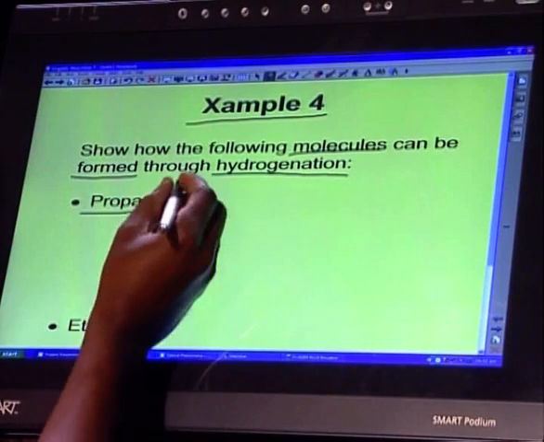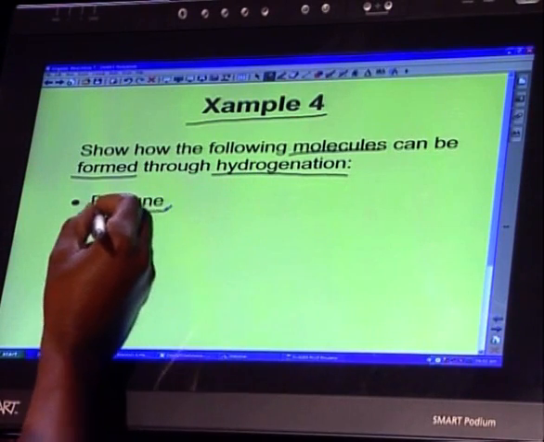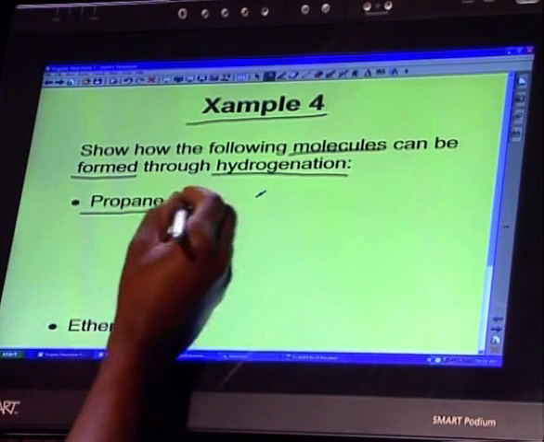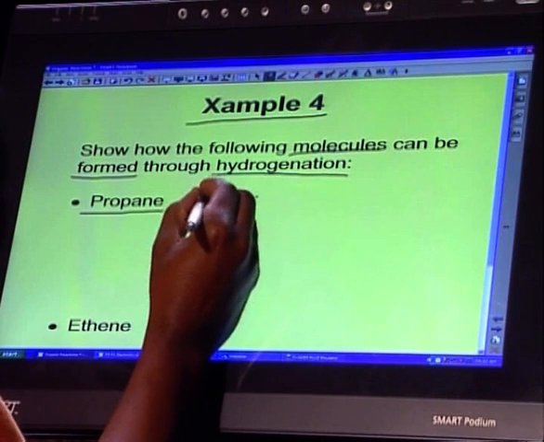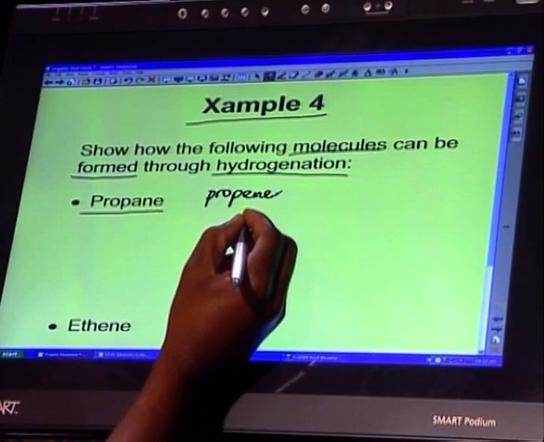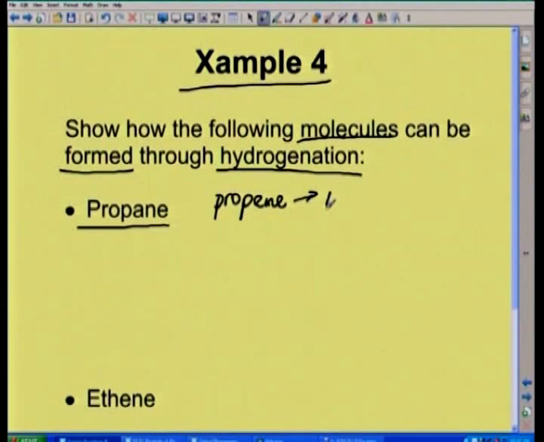Because methane is the simplest one with one carbon atom, and therefore we can't be talking about double bonds between carbon atoms. So, if we are moving from something to propane, that something has to be an alkene, so it means we're moving from propene, okay, to propane.